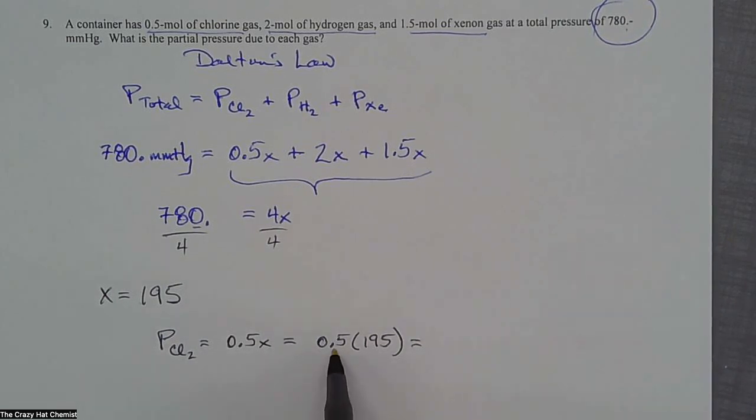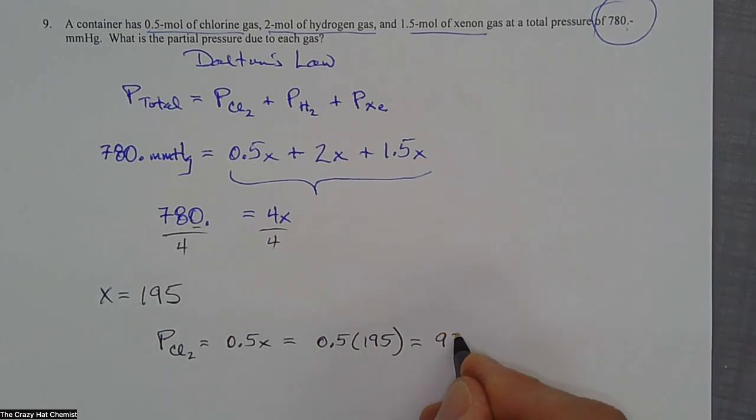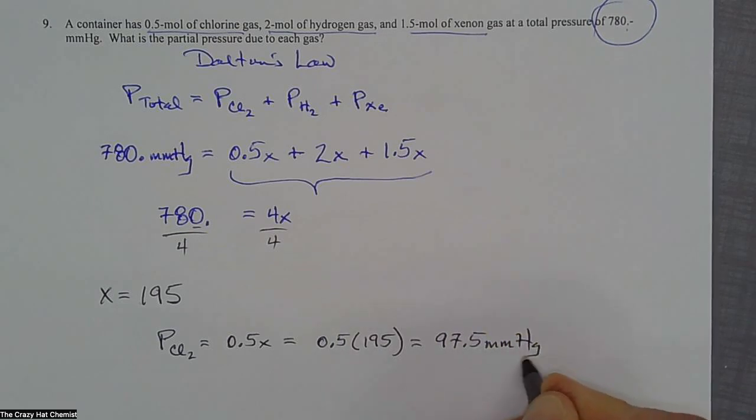In my calculator, that is going to equal 97.5 millimeters of mercury. And by the way, that does have 3 significant figures.